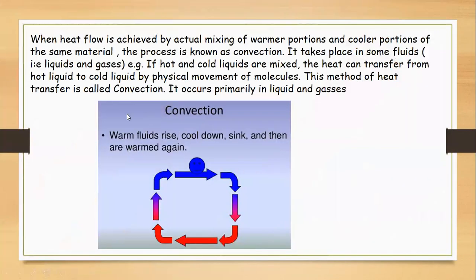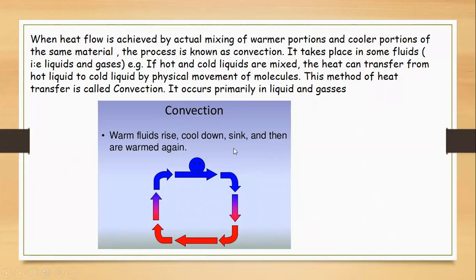Now, how is it done? We know that when the heat is provided by some source, the fluid is heated and the warmer portion is less dense and the cooler portion is more dense.